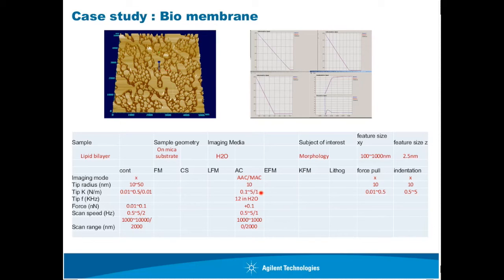I list both AC mode and MAC mode, and for scan speed and force, again, use 0.1. 0.1 is a very small scan speed and scan force. So, for imaging those biomembranes, use a soft tip and a small force.